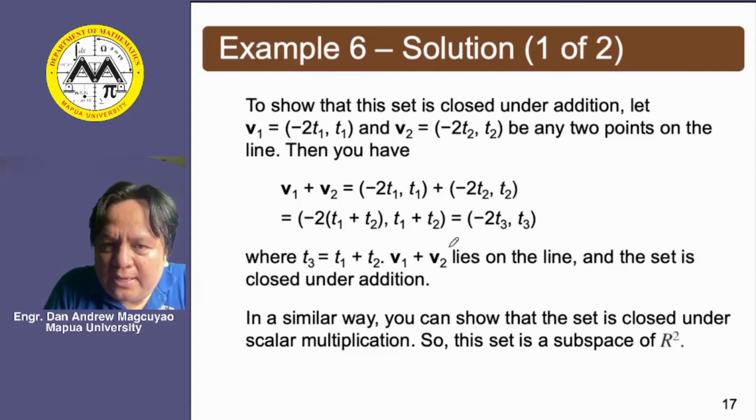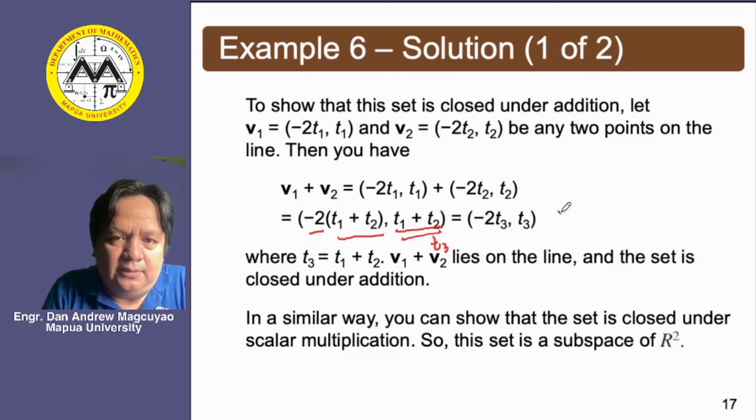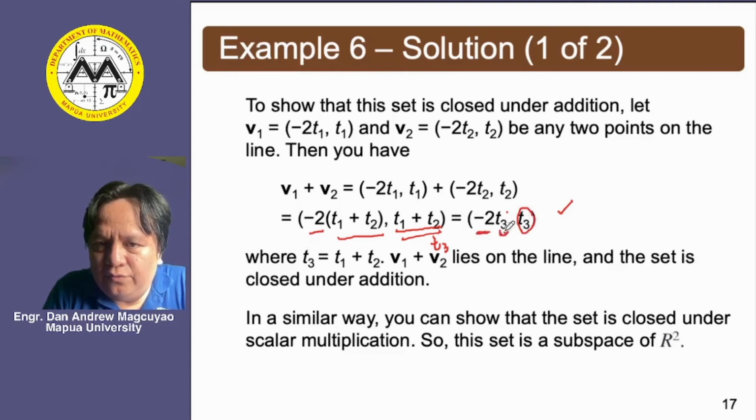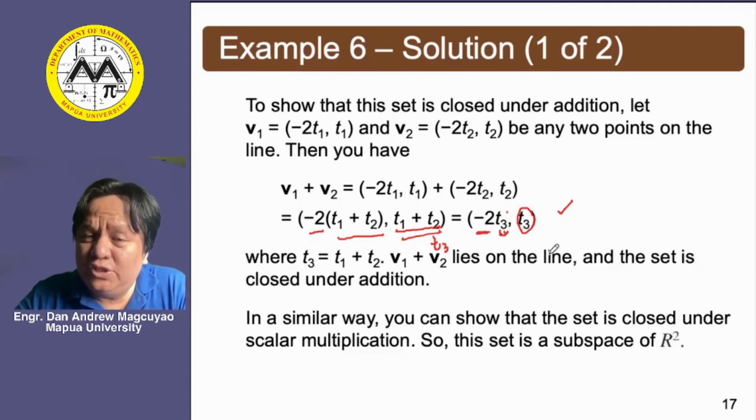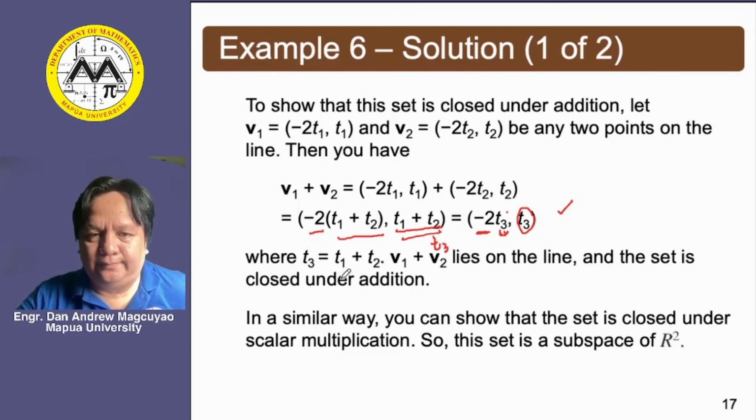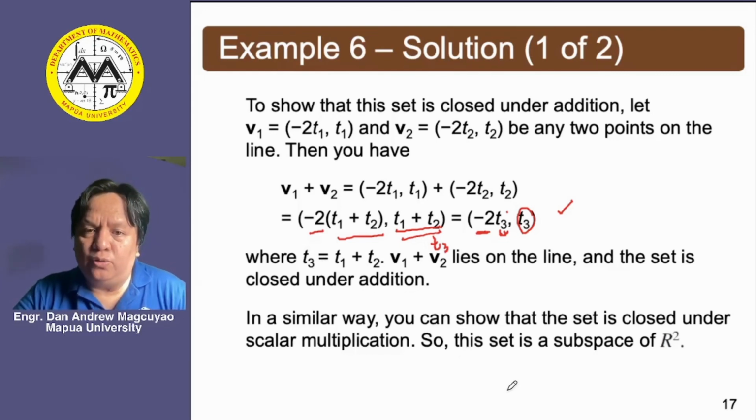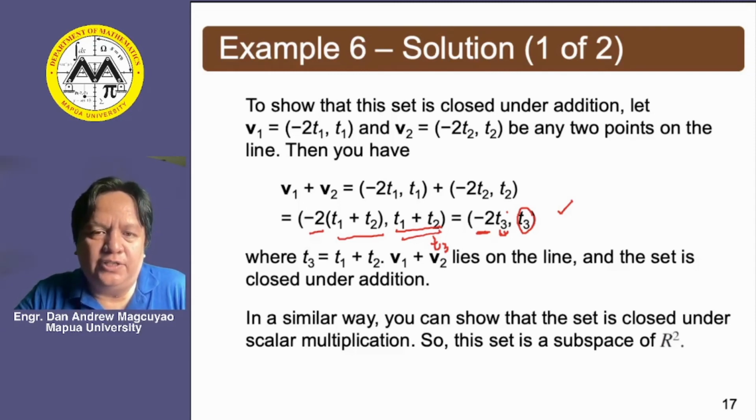If we let t1 plus t2 be t3, you observe that this is just negative twice the second component, which is the condition for that subspace. In a similar way, you can also show that the set is closed under scalar multiplication. So this is a subspace of R squared.